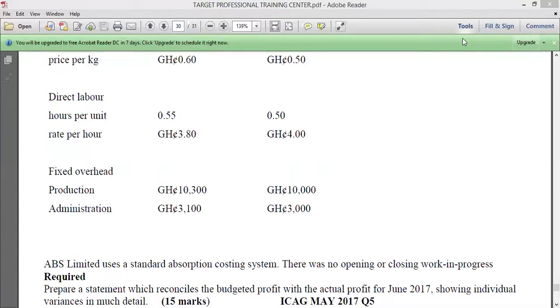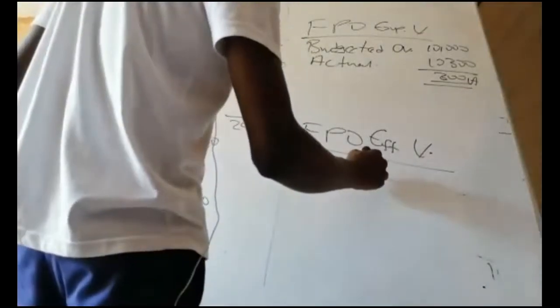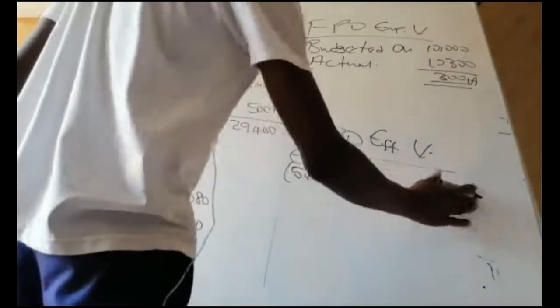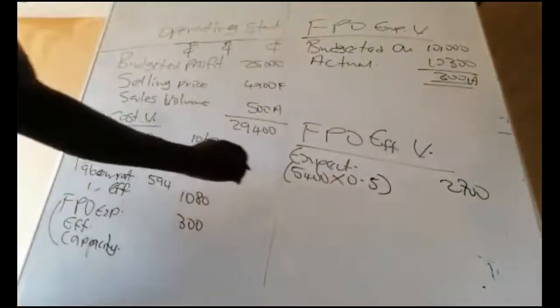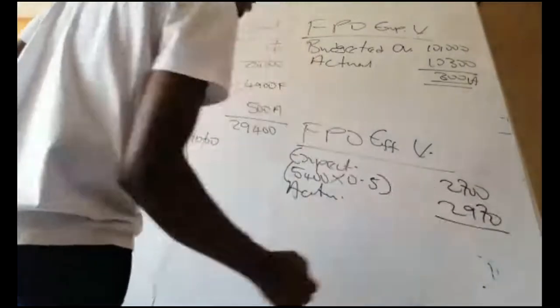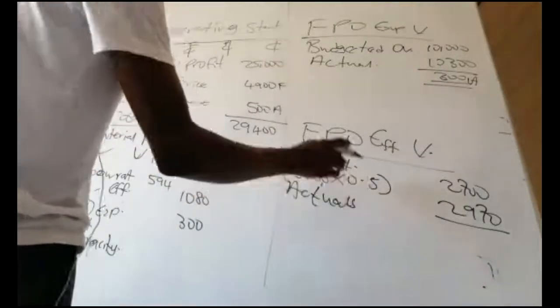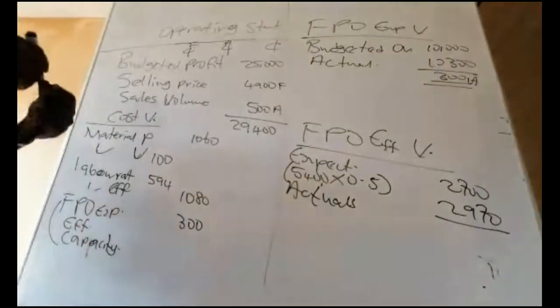So that's where we had the 2,700. The actual hours, we had 2,970. Good. Actual, we had it from the labor efficiency.